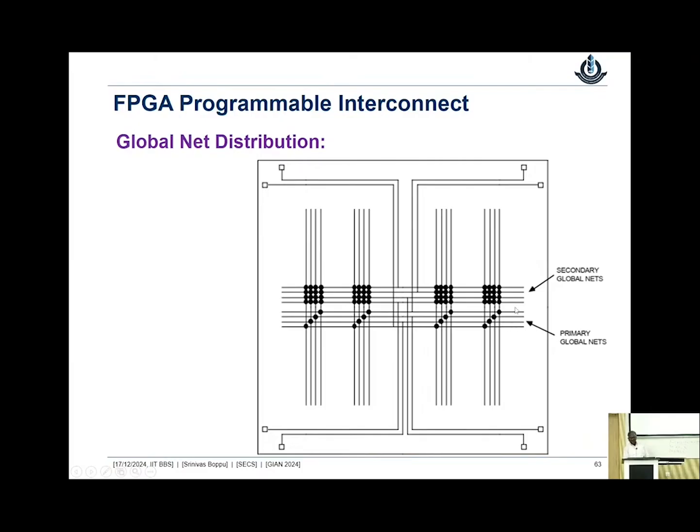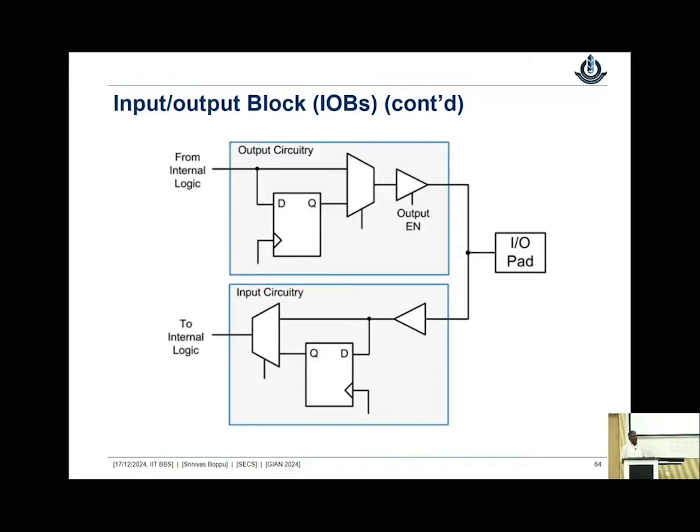These are the secondary lines which are connected to the primary lines. These secondary lines are used to distribute the clock and reset to the local CLBs and everything. This is implemented in a more complicated way in the latest FPGAs, where we have what is known as the clock management tile.